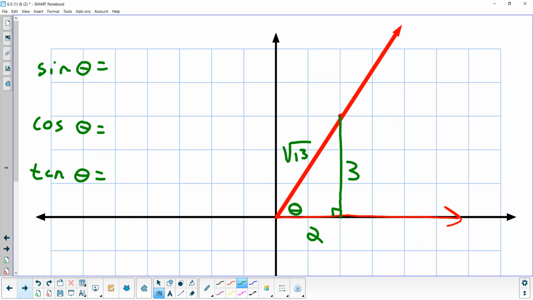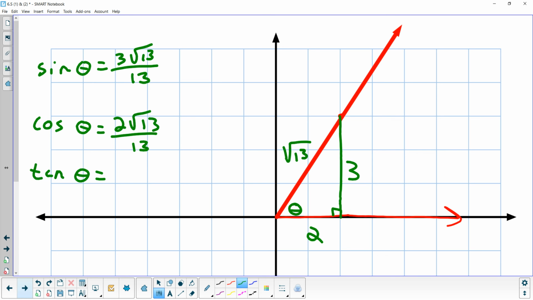Yes, it would be 3 over the square root of 13, but then you need to fix it. So it would be 3 square root of 13 over 13. Perfect. So there's the sine. What about the cosine? Yeah. 2 square root of 13 over 13.